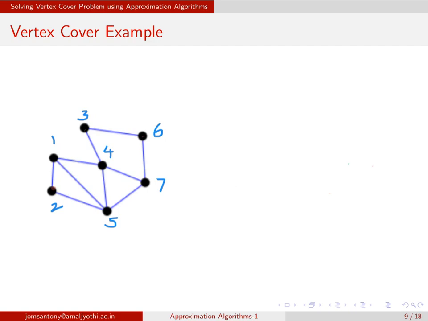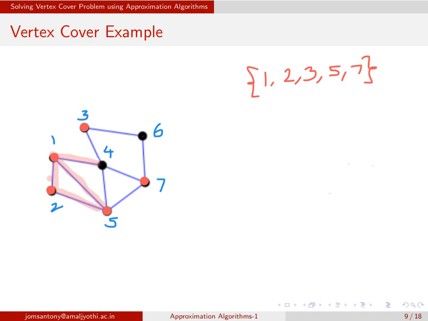Now let us check whether the set {1, 2, 3, 5, 7} forms a vertex cover. Now I will mark all the edges covered by vertices 1, 2, 3, 5 and 7. So the edges covered by 1 are this one and this one. The edges covered by 2 are this one, and this is already marked.